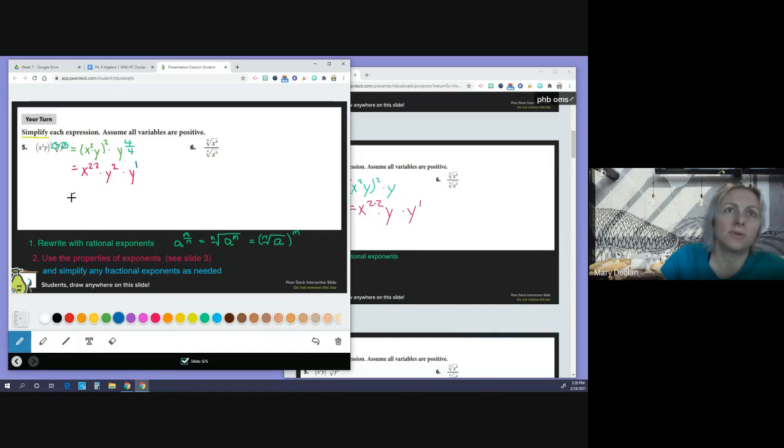the next row. And so x, I'm simplifying, so I'm going to write this in blue. 2 times 2 is 4. And then multiplying that by y. So y to the second power and y to the first power. Because they have the same base, this is actually 2 plus 1.